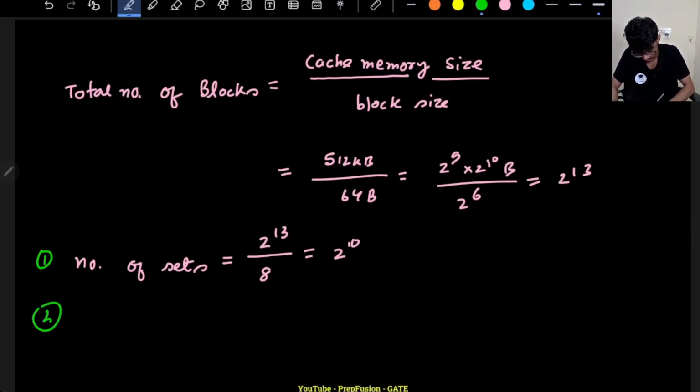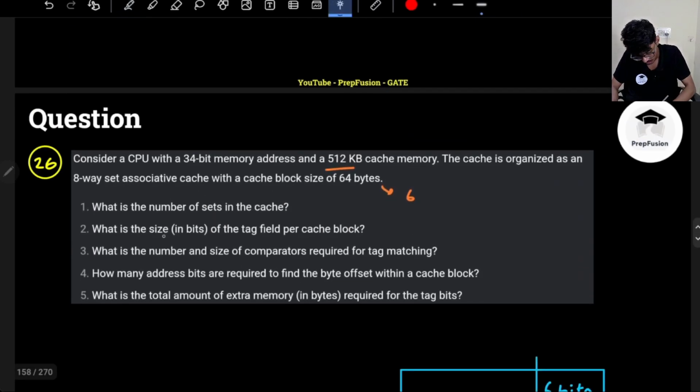So this will be the first answer, the number of sets in the cache. Second, what is the answer? The second answer is: what is the size in bits of the tag field per cache block? So the size of the tag field.